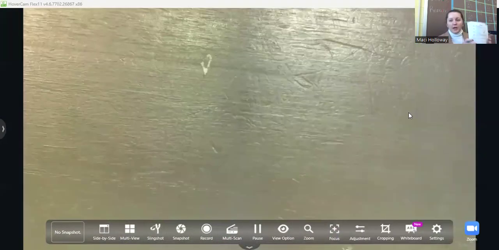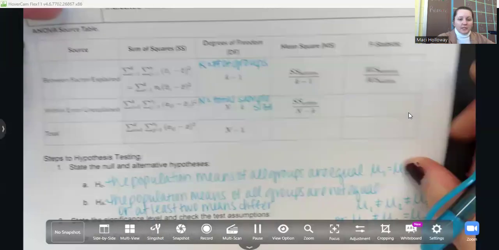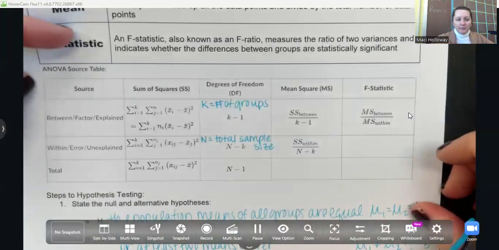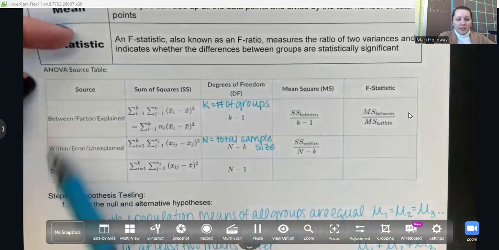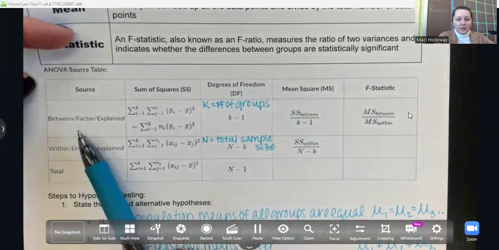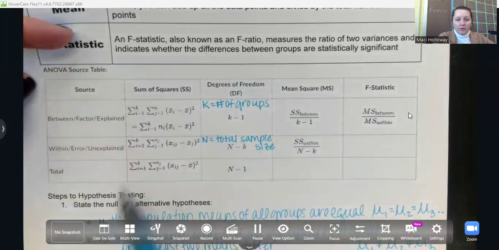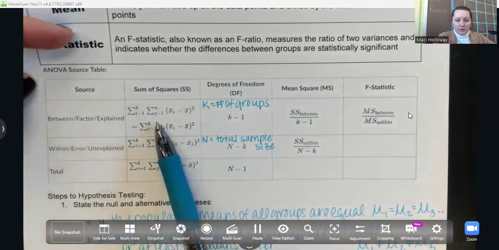So let's go down to our formula, which is a little bit hefty, but here's our between and within. So we're calculating a few different things, and in OnRamps we won't really have to calculate the sum of squares, but here's the formula for sum of squares between.